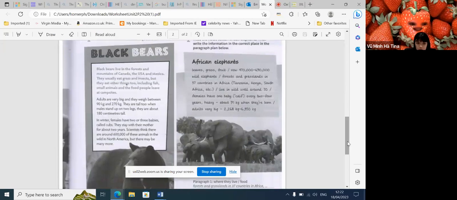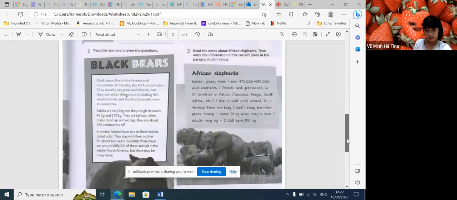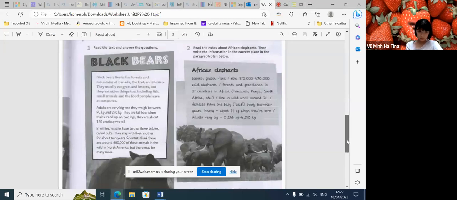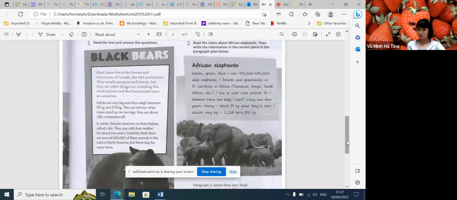They live in the forests and mountains of Canada, the USA, and Mexico. They usually eat grass and insects, but they eat other things too, including fish, small animals, and the food people leave at campsites. Adults are very big and they weigh between 90 kilograms and 270 kilograms.